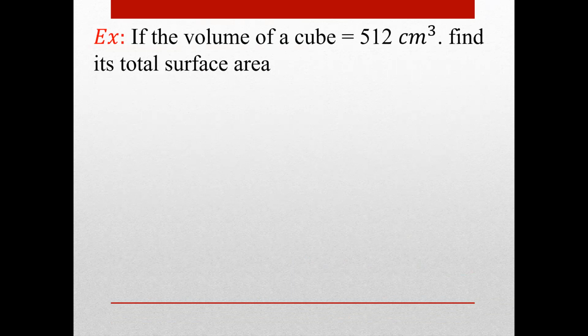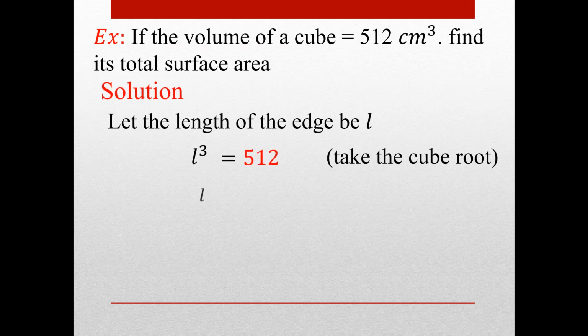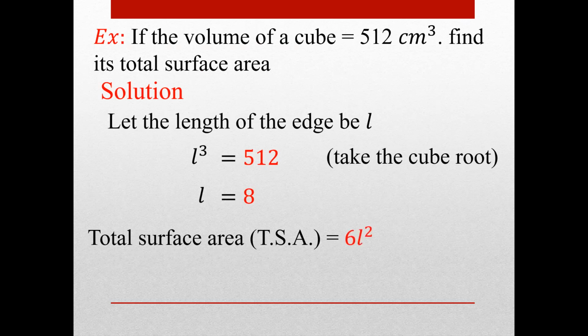I take the cubic root of 512, so the length will be 8 centimeters. So here I want the total surface area. Total surface area equals 6L squared, so 6 times 8 squared equals 384.